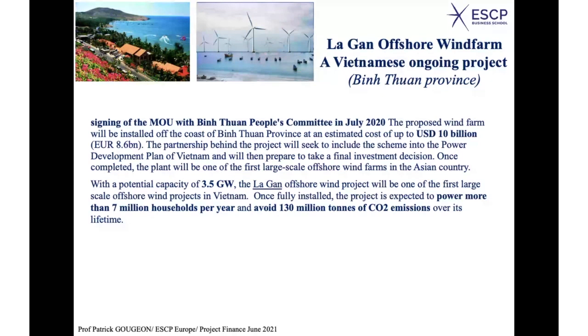Okay, so it's a huge project when you think of it, and avoid 130 million tons of CO2 emissions over its lifetime, which is also something that can be valued, particularly if you consider that in the future, the price of CO2 would increase, and the saving of CO2 means to a certain extent saving money, and that would be counted positively indeed in the project evaluation.